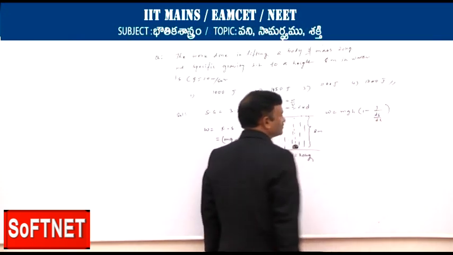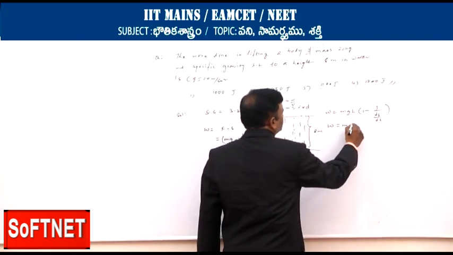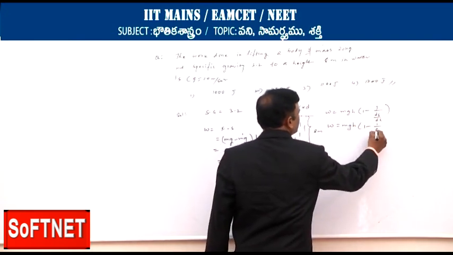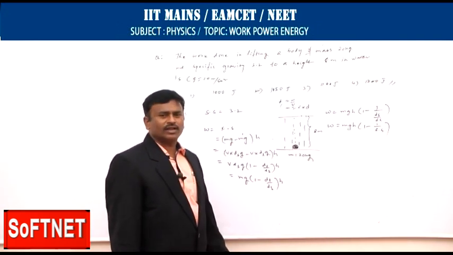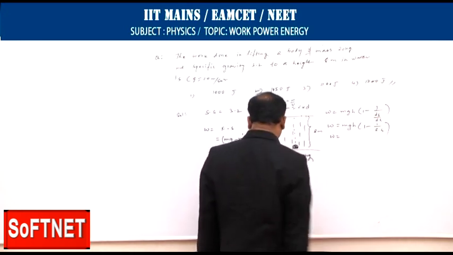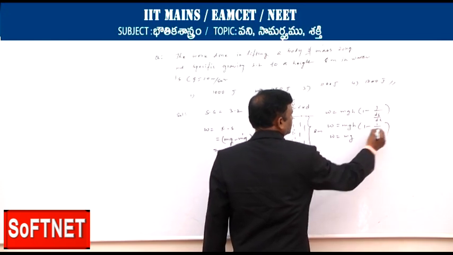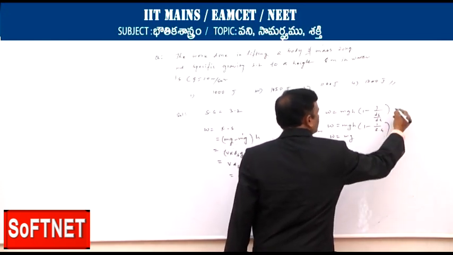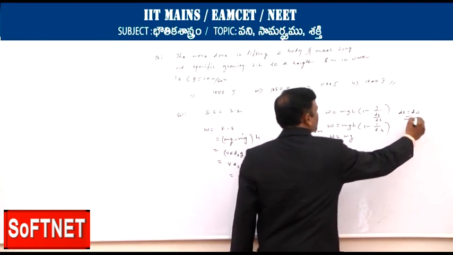So work done is equal to mgh into 1 minus 1 by specific gravity, the density of the solid by the density of the liquid, where the liquid is water. Here I am taking the density of water as the density of the liquid.